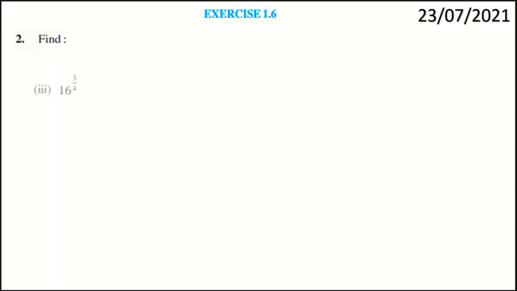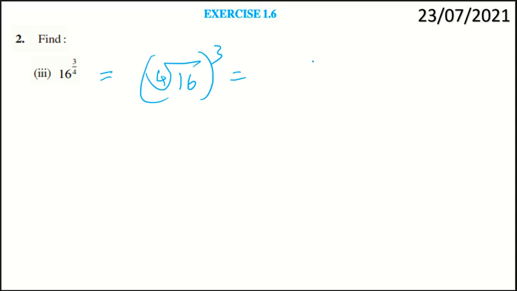Now sub question third, 16 to the power 3 by 4. 16 to the power 3 by 4 can be written as fourth root of 16 whole power 3. Fourth root of 16, you know, 16 can be written as 2 power 4. That means I have this fourth root of 16 written as straight away 2.